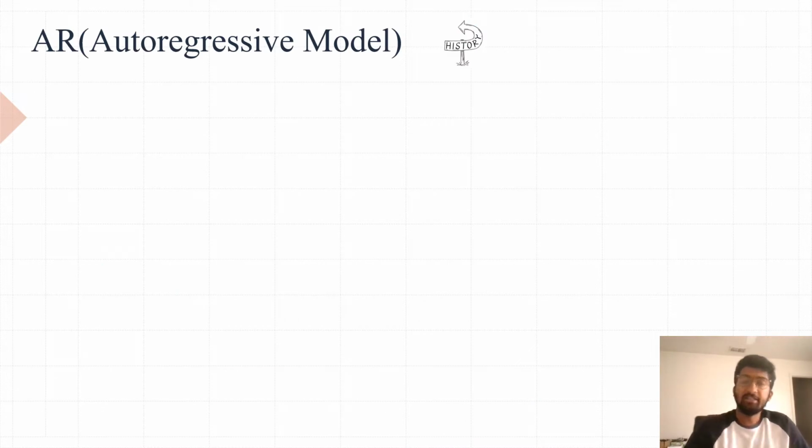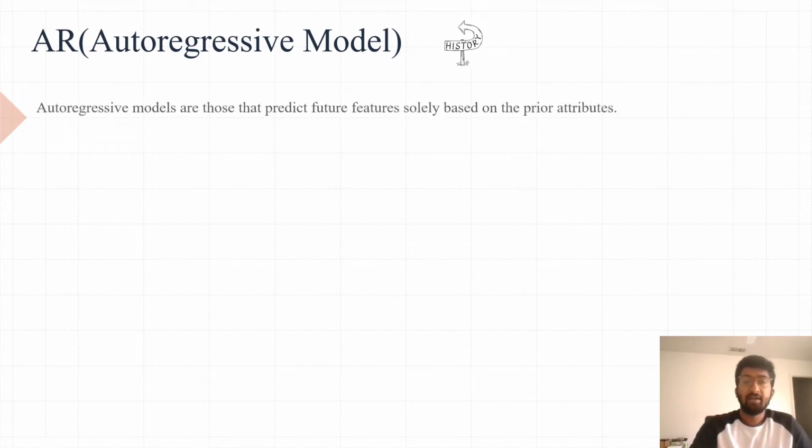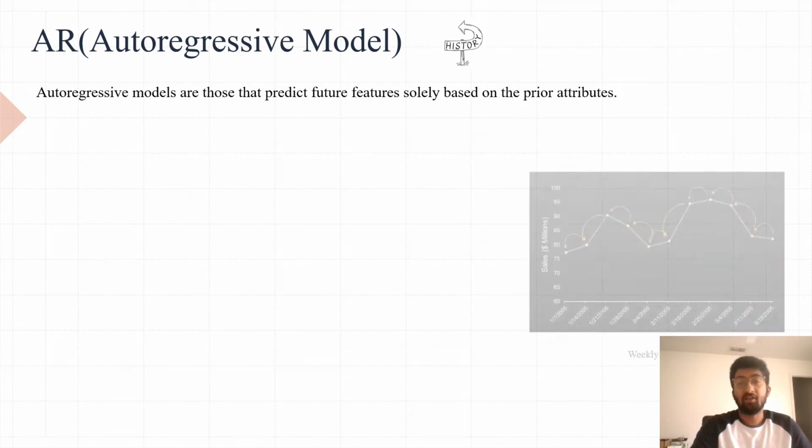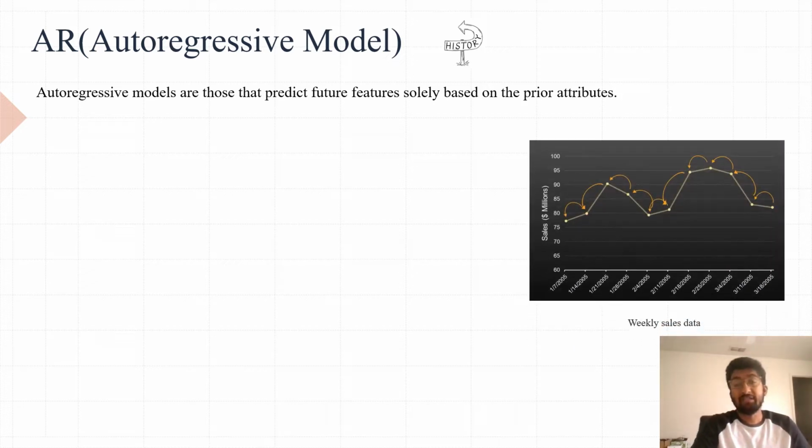Talking about each model in ARIMA individually, first is the autoregressive model. As I already said, the autoregressive model makes predictions based on the prior attributes. It will look into the past values. In this graph on the right, we have weekly sales data. The prediction of the next week is made based on the previous data, the past week's data.